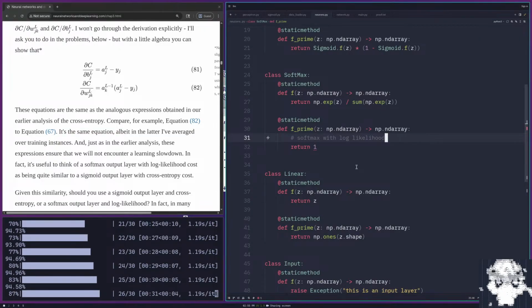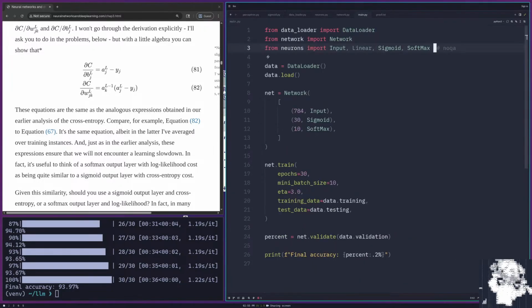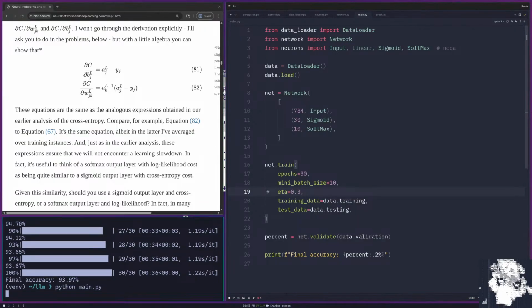And it could probably work better if I tweaked the learning rate. I think the learning rate should be a little smaller because I saw it bouncing around a little. So let's make it 10 times smaller.